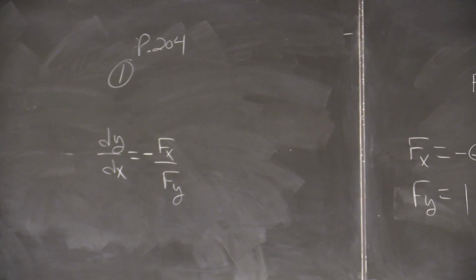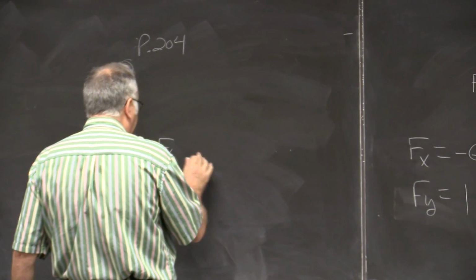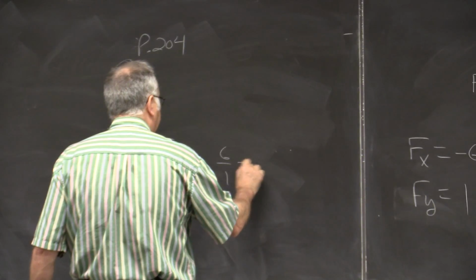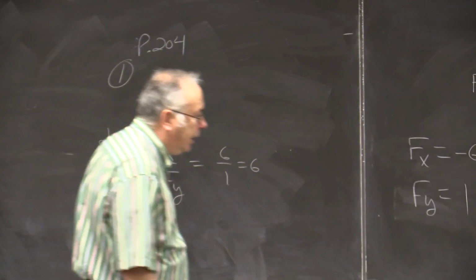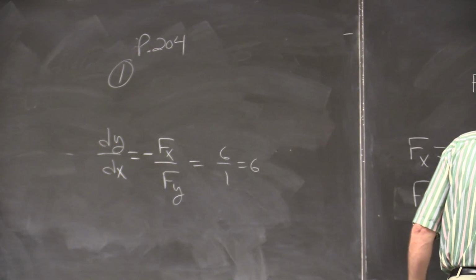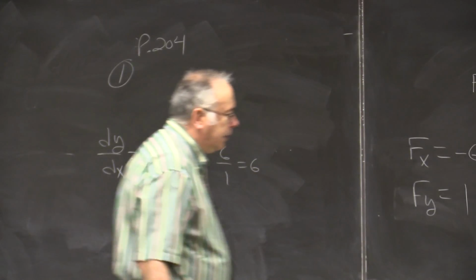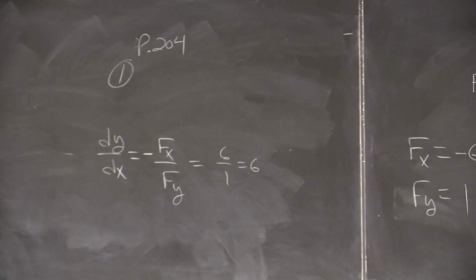Now, what is F sub x? Minus 6, but you've got a minus sign, so it's 6 over 1 equals 6. Which is obviously in agreement with this, because dy/dx is 6. So for this first one, it was really quite straightforward.